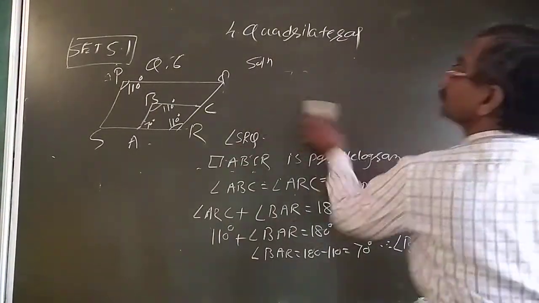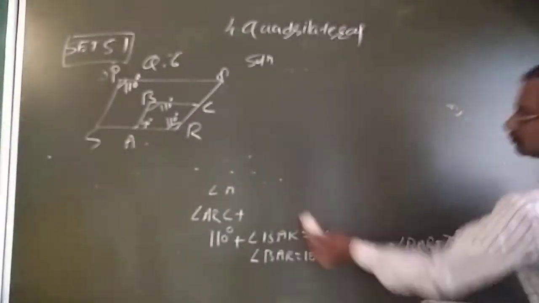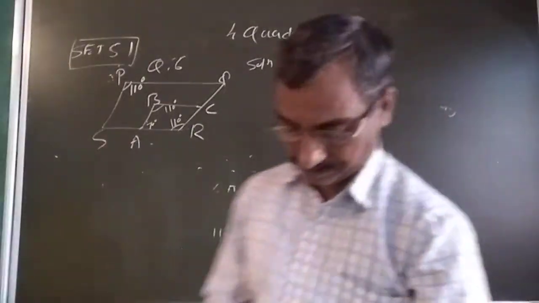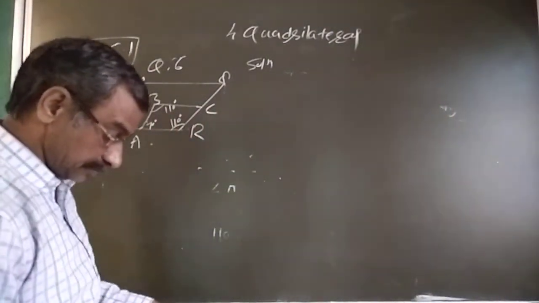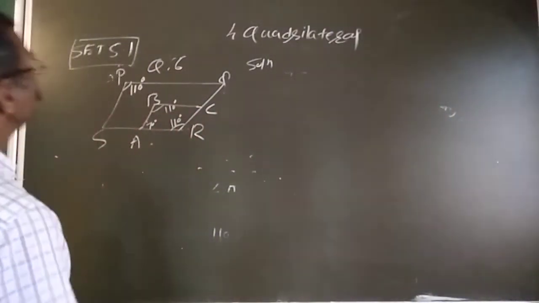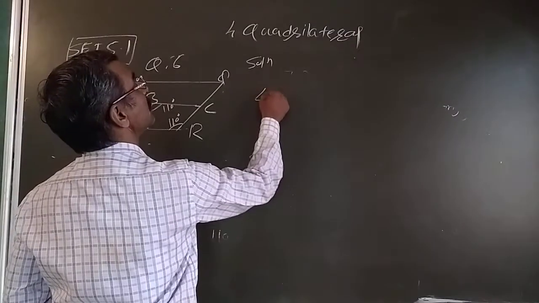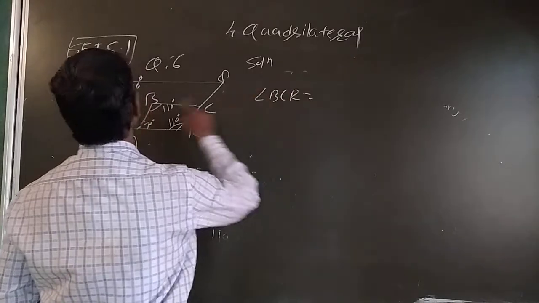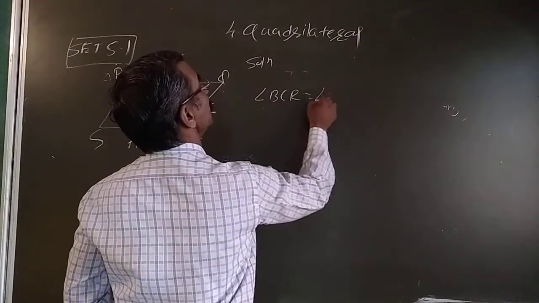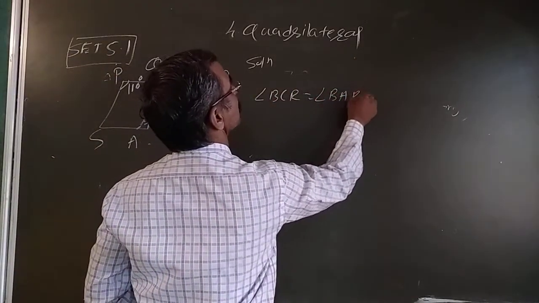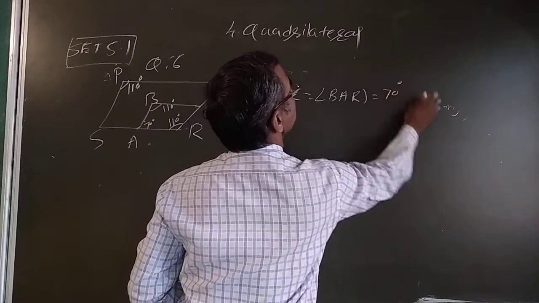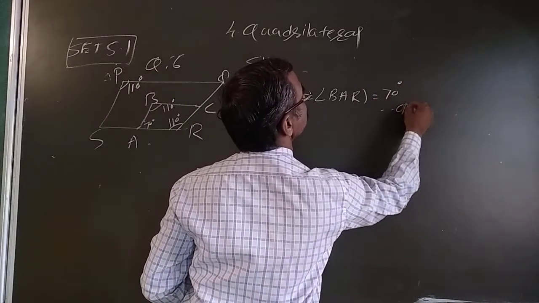Then the opposite angle, the angle BCR, is also equal to the angle BAR. It is equal to 70 degrees. Reason is what? Opposite angles.